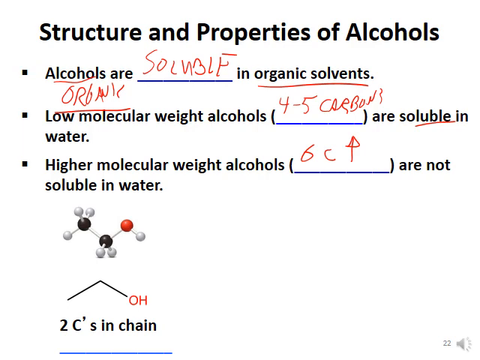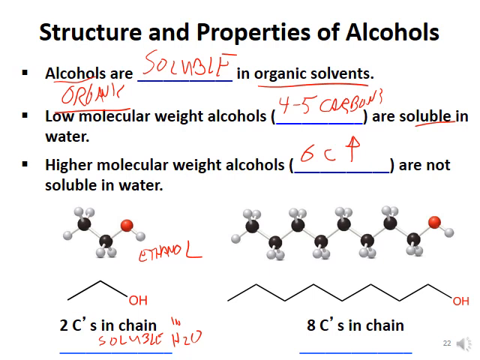So 2 carbons in the chain. This is ethanol. Pretty clear that when somebody has a vodka tonic, they're having alcohol added with water, and there's not 2 different layers. So this is going to be soluble in water, but big, long, non-polar part, this is octanol because it's got 8.